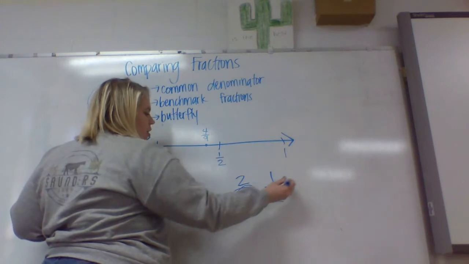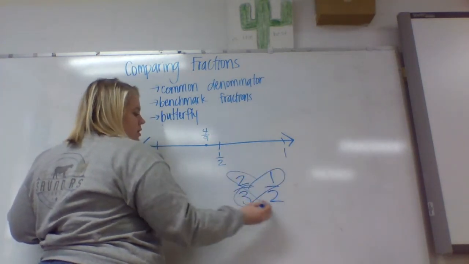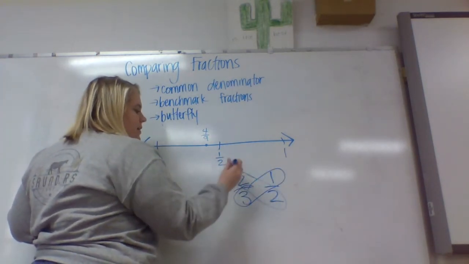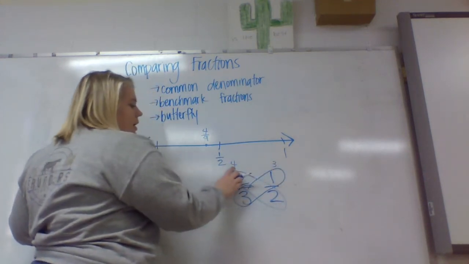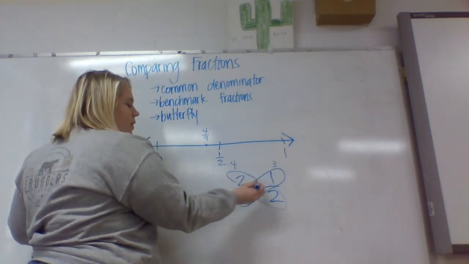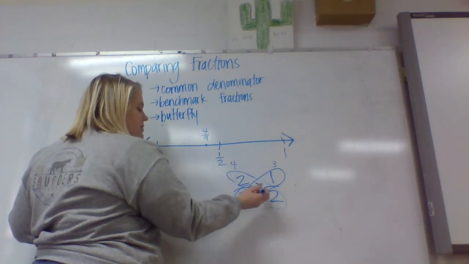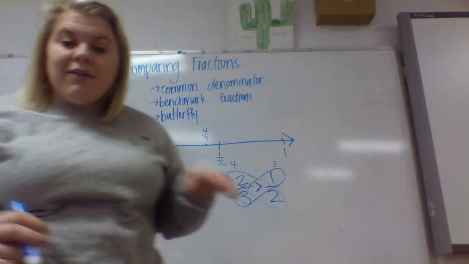So that's where you draw your butterfly. There's its wings. 2 times 2 is 4. 1 times 3 is 3. 4 is greater than 3, which means 2/3 is greater than 1/2.